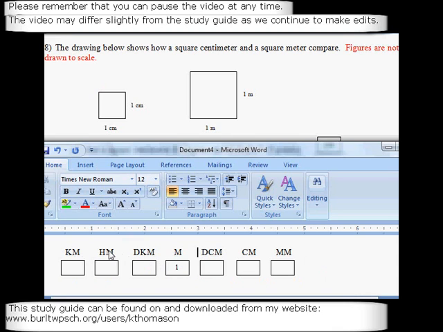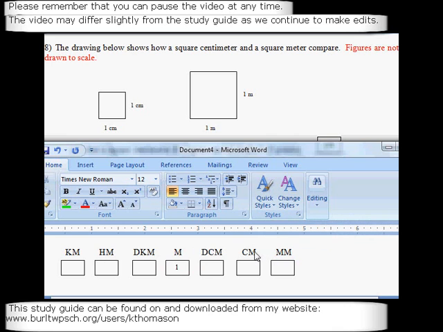Alright, so you have kilometers, hectometers, decameters, meters, decimeters, centimeters, and millimeters, and you got to figure out what it is in centimeters. Alright, are centimeters smaller or bigger than meters? And the answer is they're smaller. Millimeters are really small.